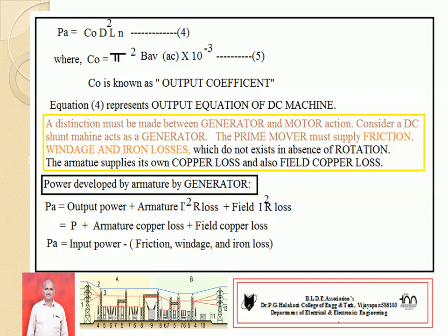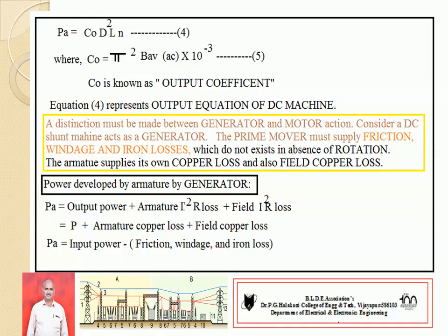Hence, power developed by the generator, that should be written as PA, power across the armature, equal to output power plus armature copper loss plus field copper loss. Output power of the generator is P plus losses, or it may also be written as input power minus friction, windage and iron loss.